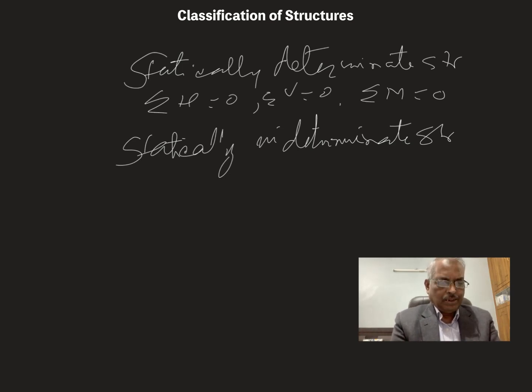Method of consistent deformation, three-moment equation, column analogy method, flexibility method, Castigliano's theorem, etc. all come under the category of force method. For this, the degree of static indeterminacy is required.